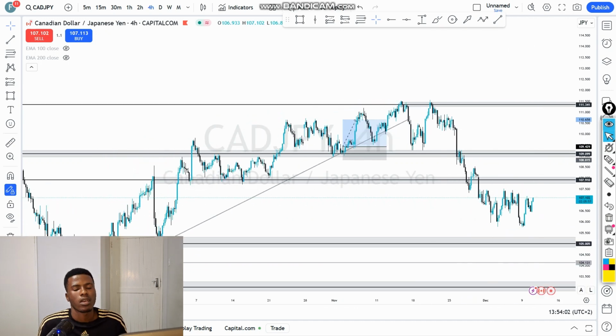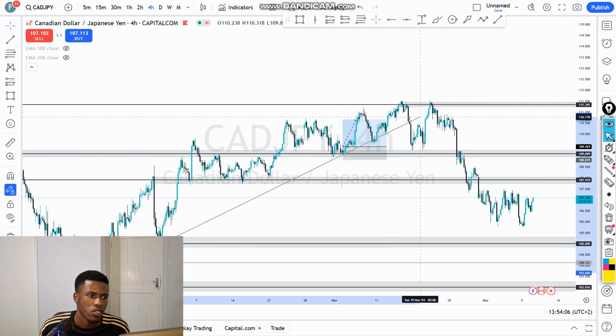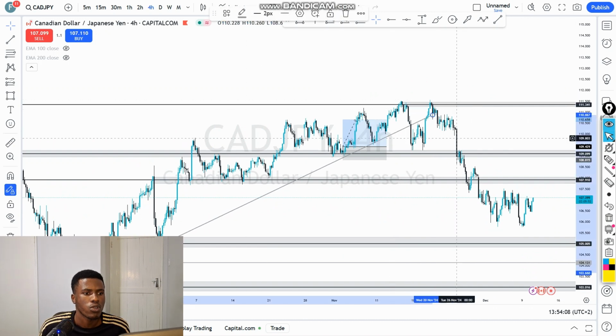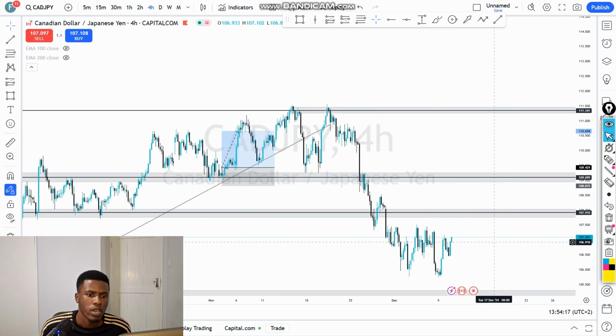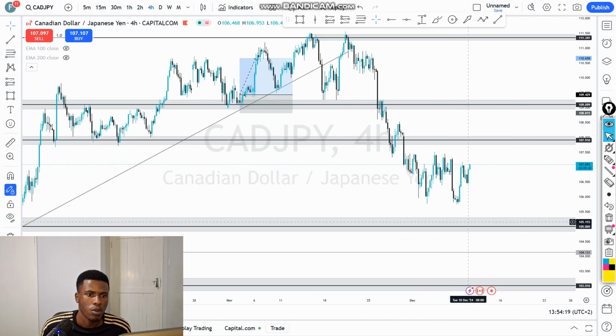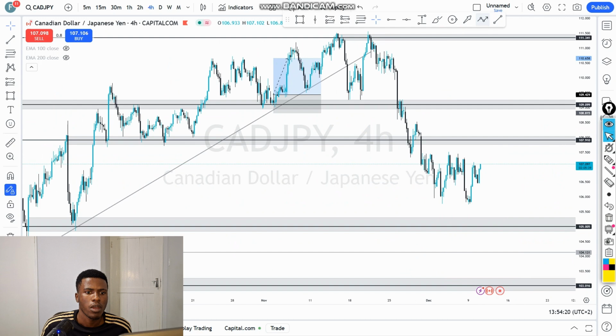So as you can see, we were in this nice uptrend shown by this trend line right here. We broke it, we broke previous support, we broke another support area. So I am expecting a continuation to the downside, but before we go back to those lows or to this support right here, I am expecting price to at least push further to the upside to retest this resistance and then continue to the downside.